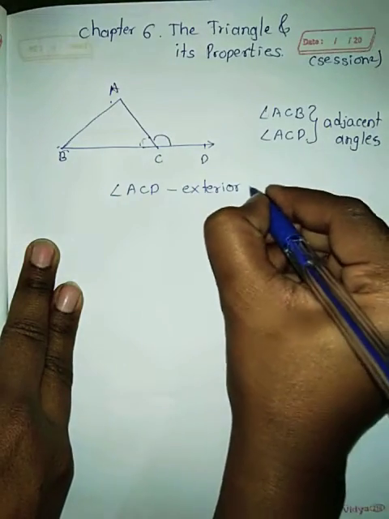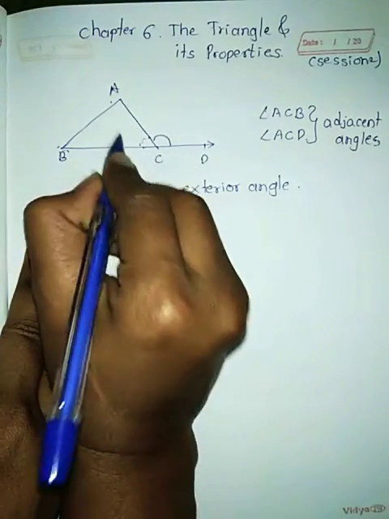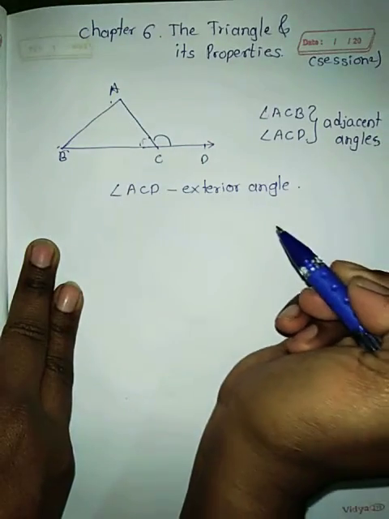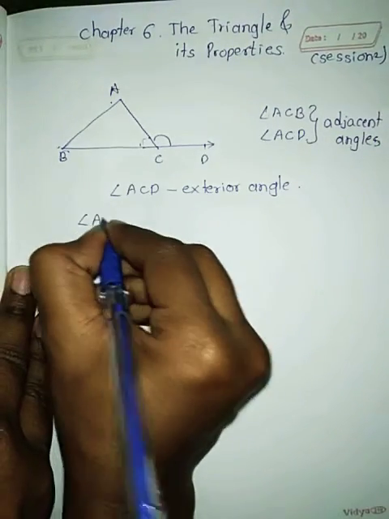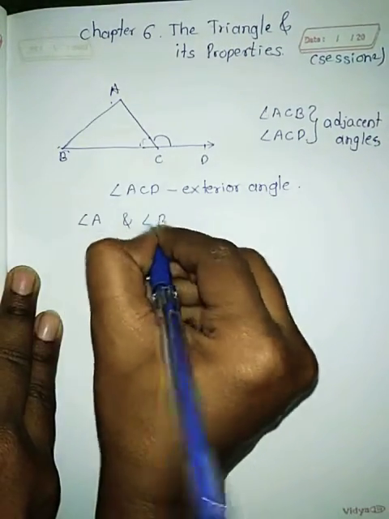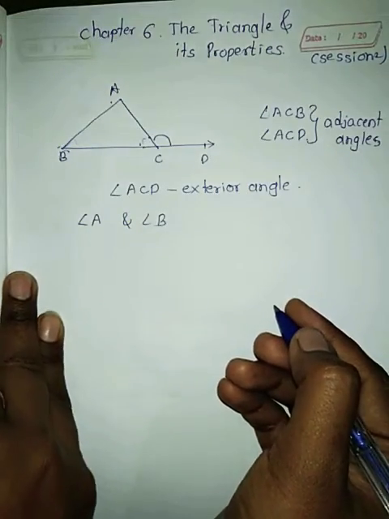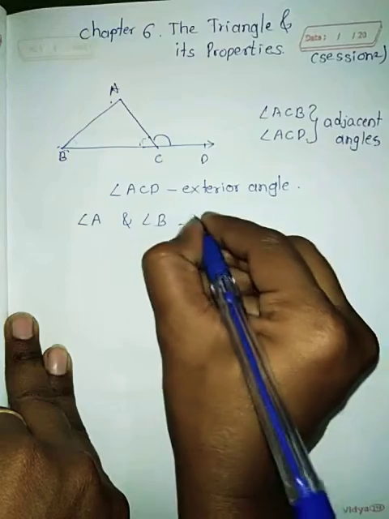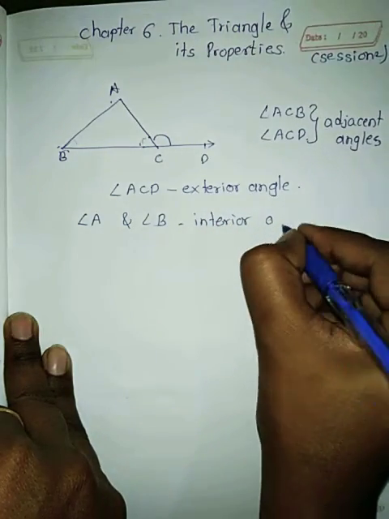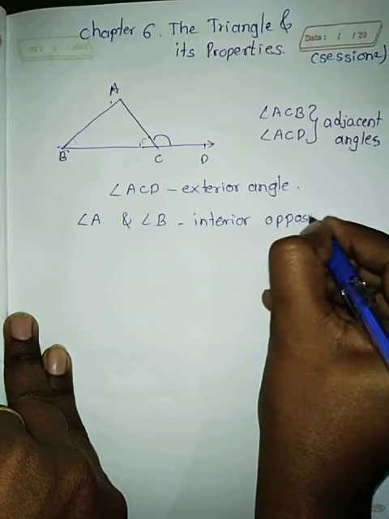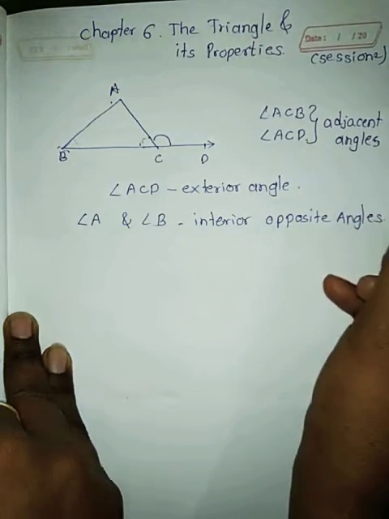Now see, angle ACD is an exterior angle, and angle A and angle B are called interior opposite angles.